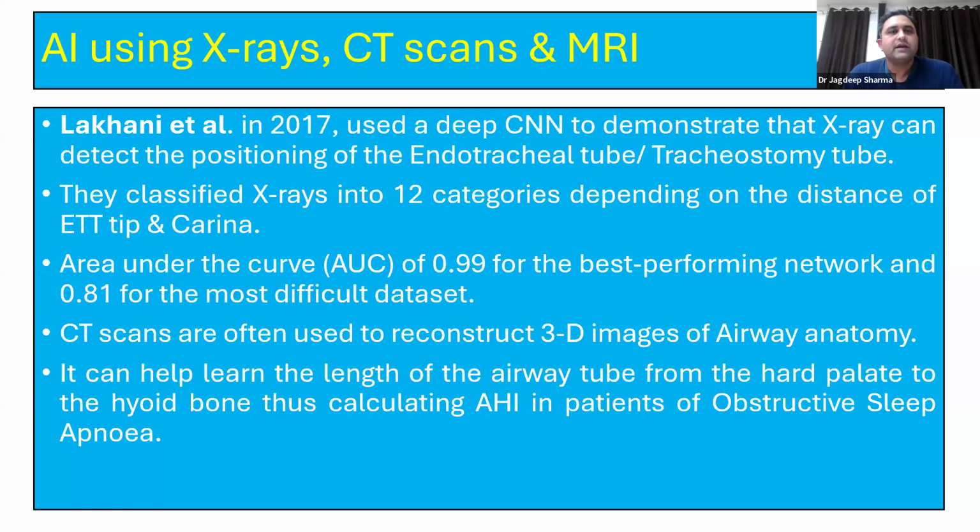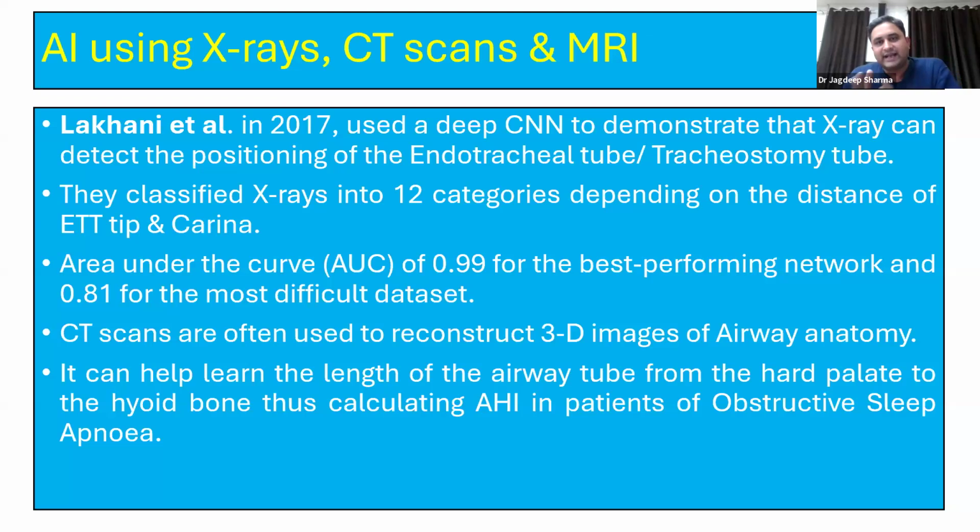Now, AI using various imaging methods, that is X-rays, CT scans, and MRI. Lakhani et al. in 2017 used a deep CNN to demonstrate that X-ray can detect the positioning of the endotracheal tube or tracheostomy tube.